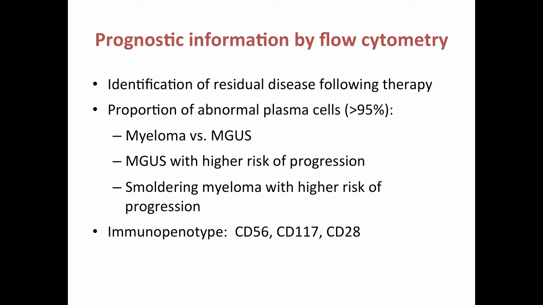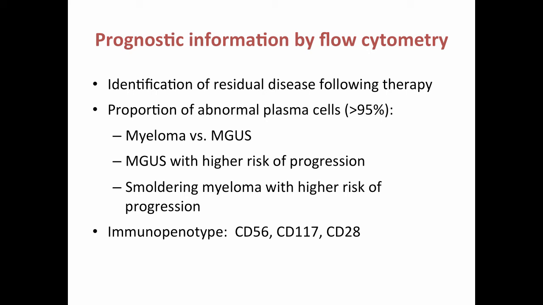Multiple myeloma is often associated with relatively few residual non-neoplastic plasma cells, whereas MGUS and smoldering myeloma usually have more numerous residual non-neoplastic plasma cells, so that abnormal plasma cells represent less than 95% of total plasma cells.